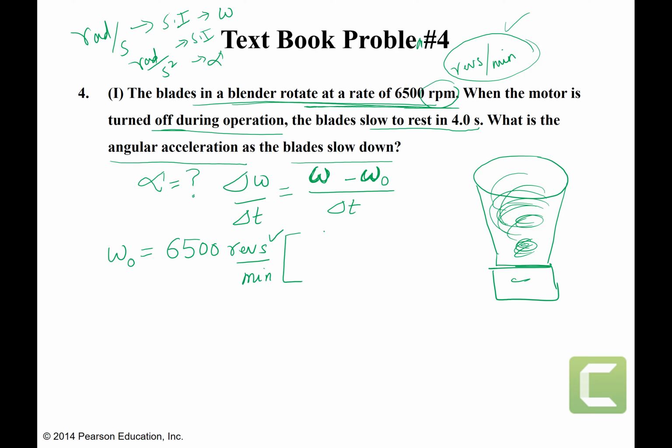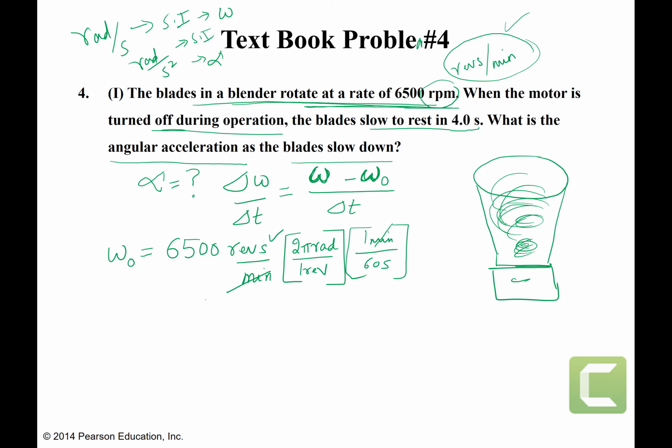To get radians, I have to somehow see that revs get cancelled. So rev got cancelled by putting 2 pi radians equivalent to 1 rev, and I want the seconds. So we know that 1 minute is 60 seconds. I think everything has been taken care of.